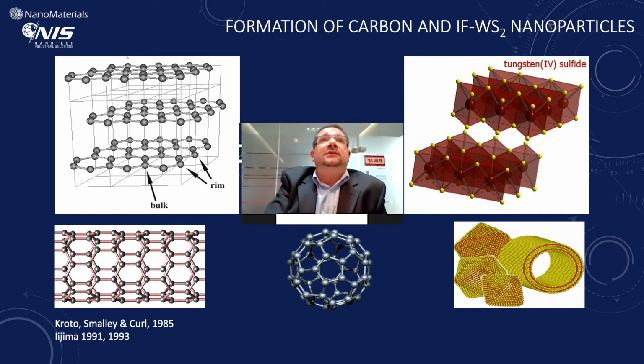Our materials are a little bit more complex than a graphene sheet. A graphene sheet has a layer of carbon atoms, but in the case of inorganic layered materials, the structure is complex, where we have a layer of metal sandwiched between two layers of atoms. In our particular case of tungsten disulfide, those are sulfurs.